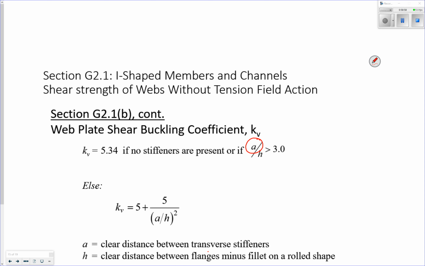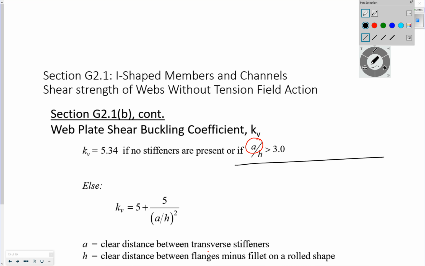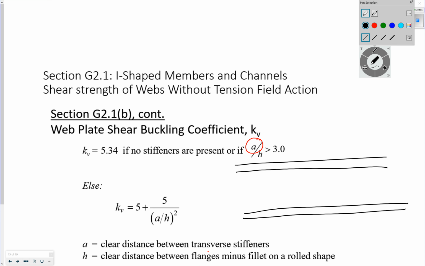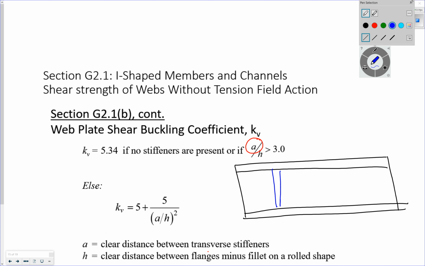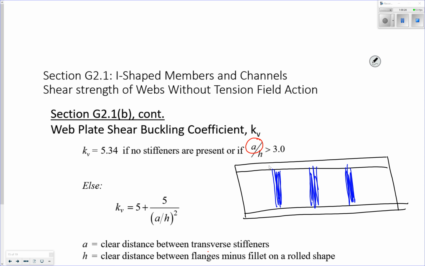If I'm looking at the side of a beam with transverse stiffeners, that's the top and the bottom flange. If I have stiffeners, that's the distance between them.